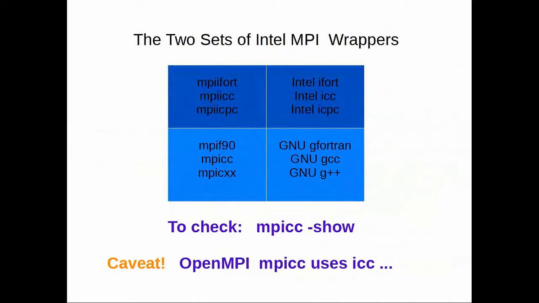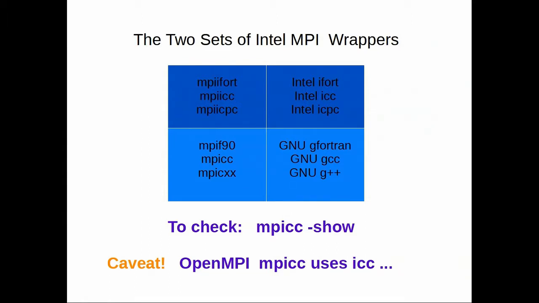So with the Intel MPI wrappers that are provided in the Cluster Edition, there's 6 of them instead of 3 of them, which you might have expected. The top row shows the naming convention for the wrappers that use the Intel compilers.